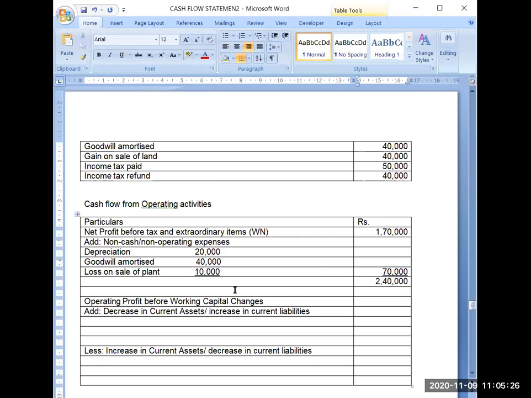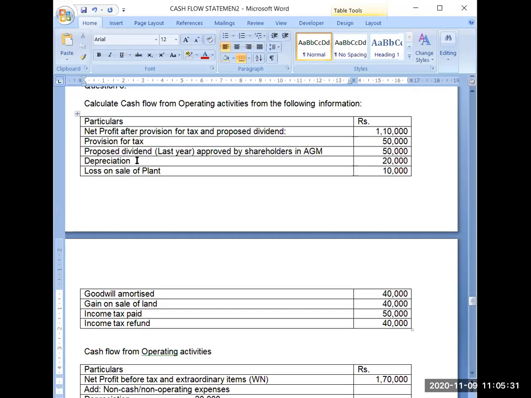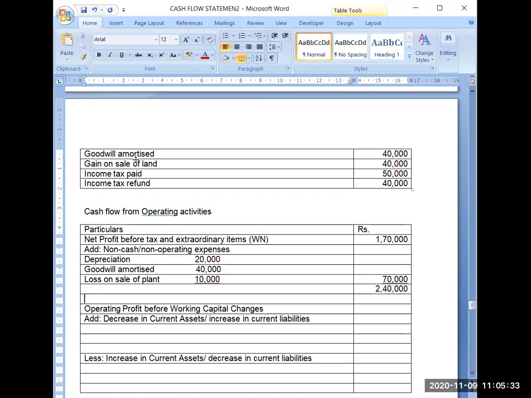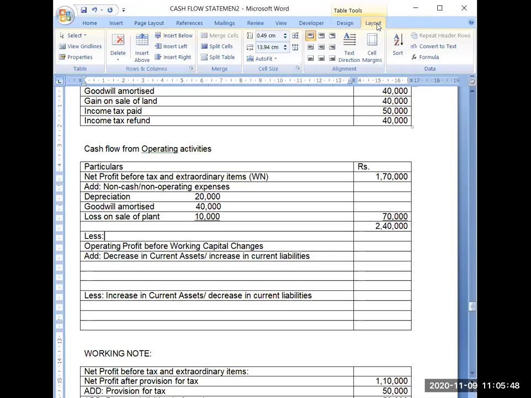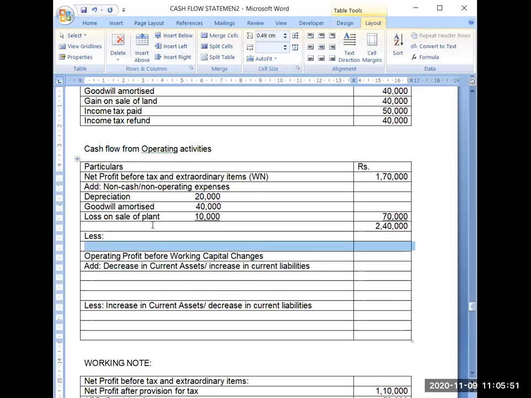Further, we have to subtract the non-operating income. So one non-operating income is gain on sale of land. So less non-operating incomes.